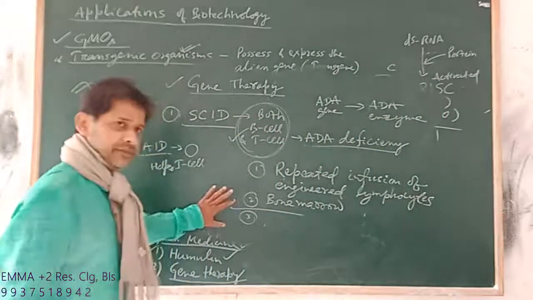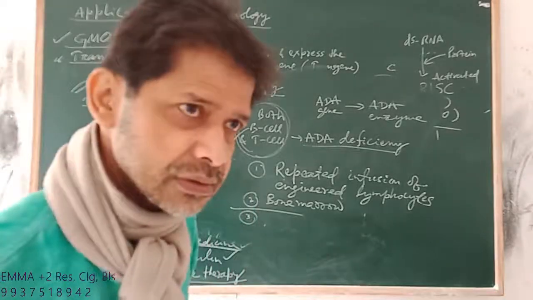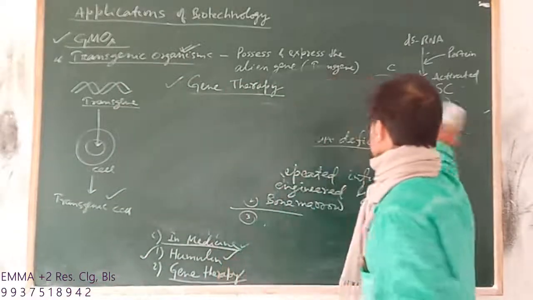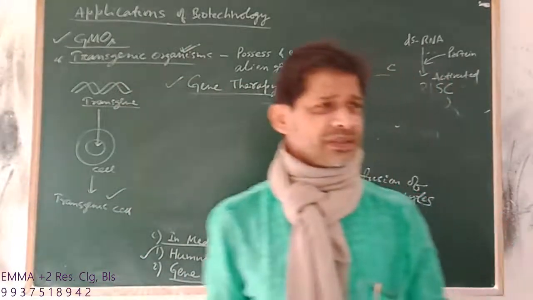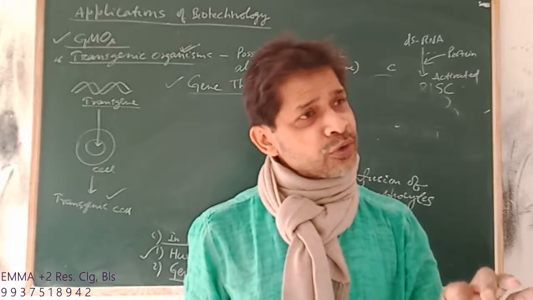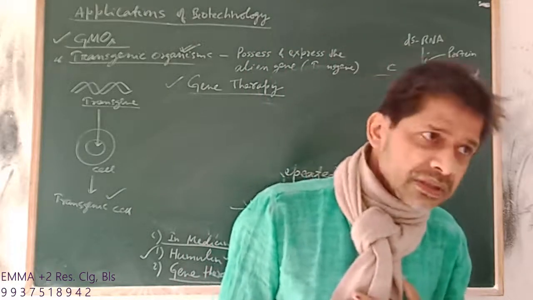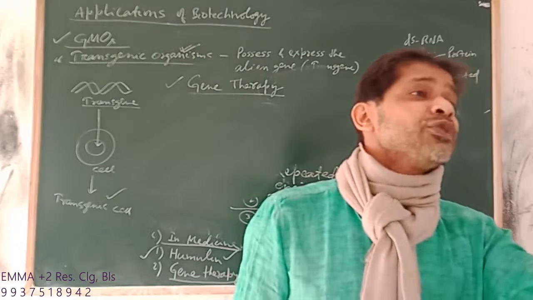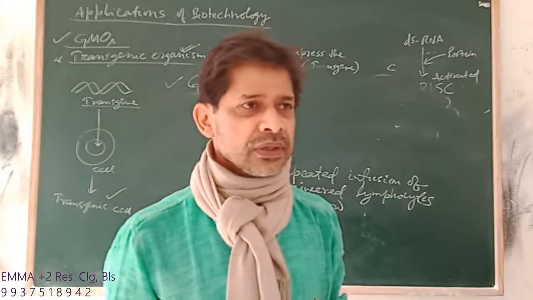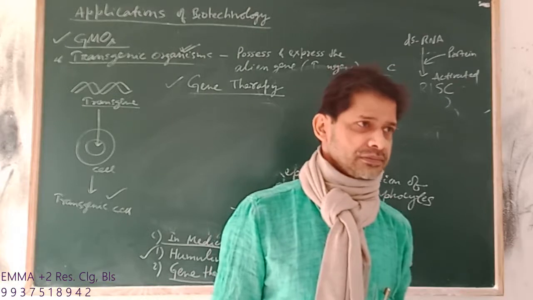So SCID. Then final molecular diagnosis. In today's traditional diagnosis, when a disease occurs, the doctor asks for blood tests, serum tests, urine tests, the reports come, then the doctor will confirm the disease. So the person already has the disease, and we are doing tests for confirmation. That is traditional diagnosis. Today's diagnosis is molecular diagnosis.